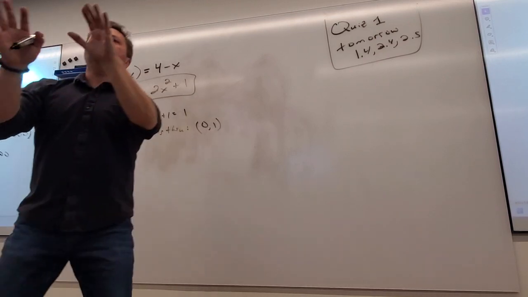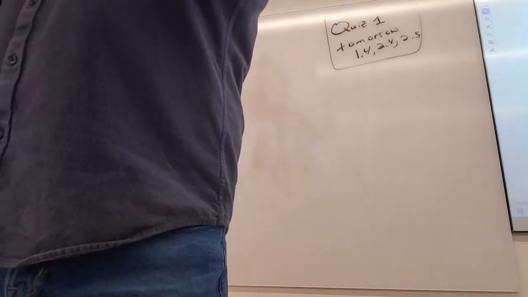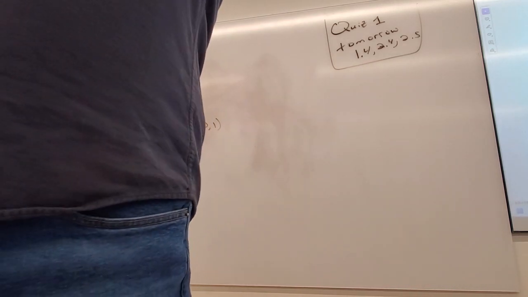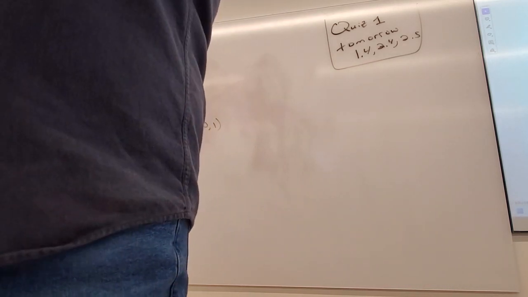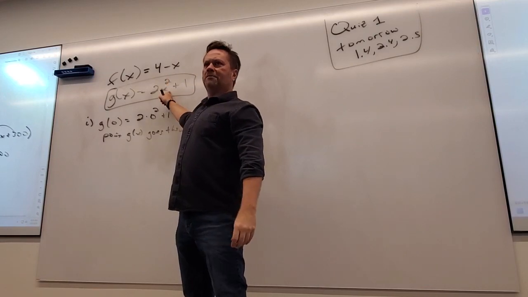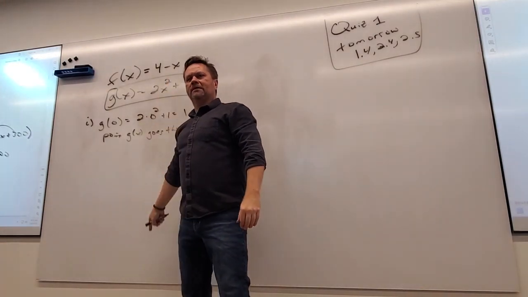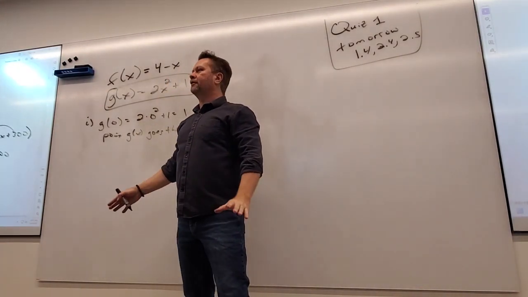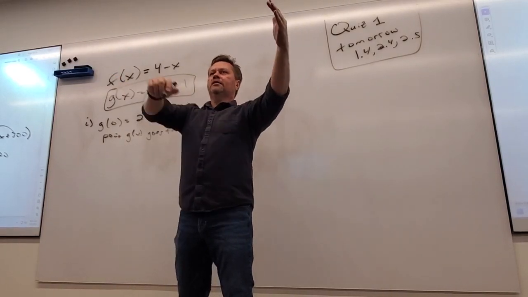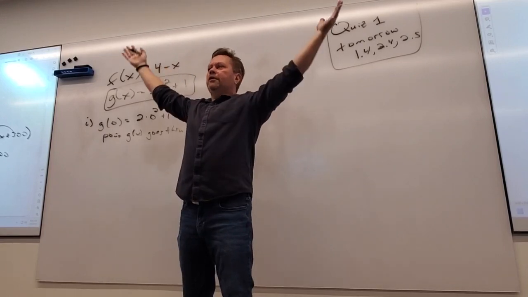If you've ever wondered why we graph stuff, number one, if this models something flying, I want to know what it looks like, so I'm going to graph it. But the most basic reason we graph anything is, if I ask you to give me all the answers to this, how long would you be listing them? Forever. So what would I rather do? I'd rather give somebody a picture and say, here, go find whatever one you want.